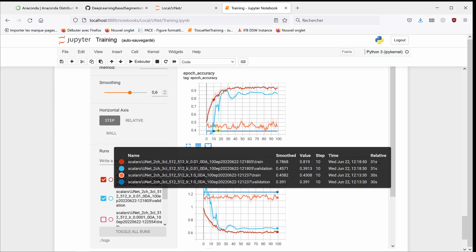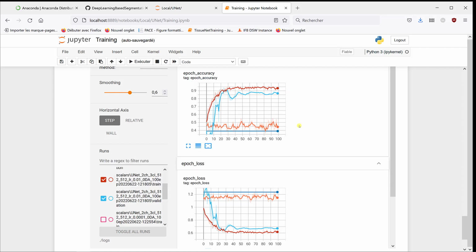Validation is diverging at the beginning and then plateauing. So it's not that bad. We still have a difference between those 2 values, meaning that we are probably overfitting here. And by the way, you also have the time, so it shows you that it took about 7 minutes and 35 seconds to train your model.